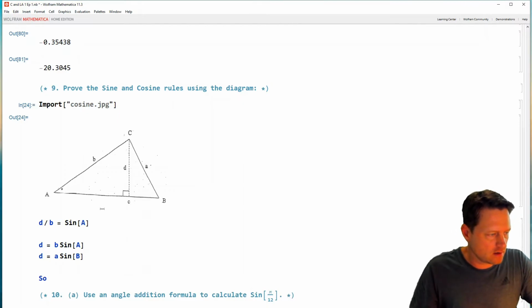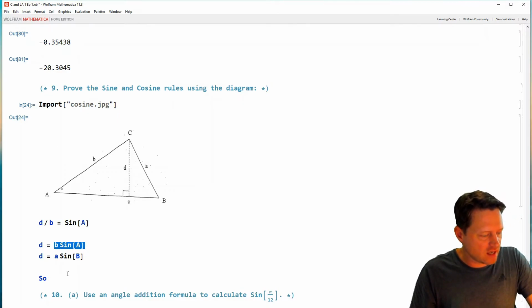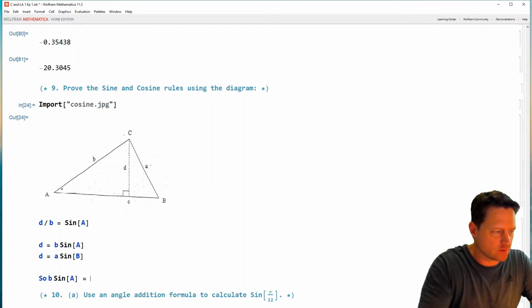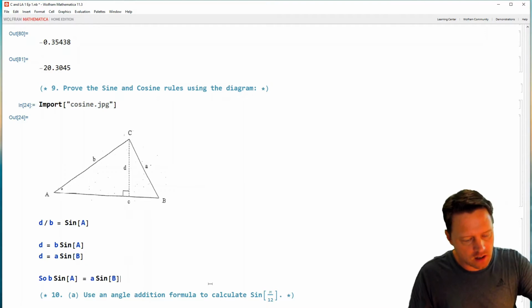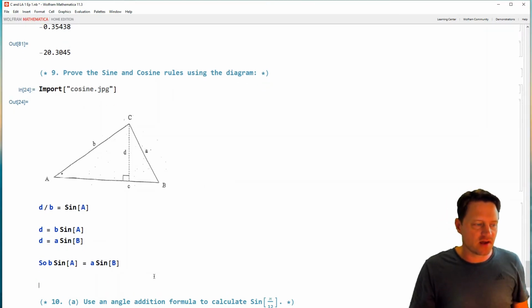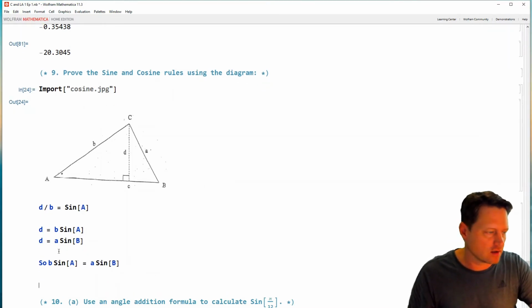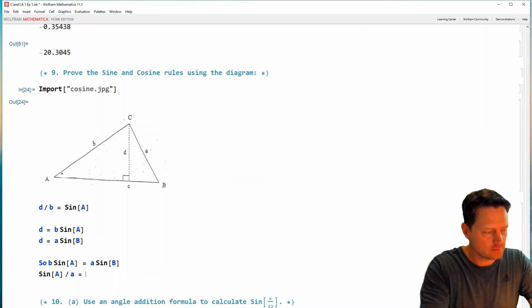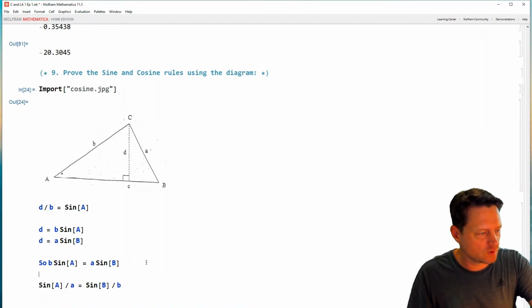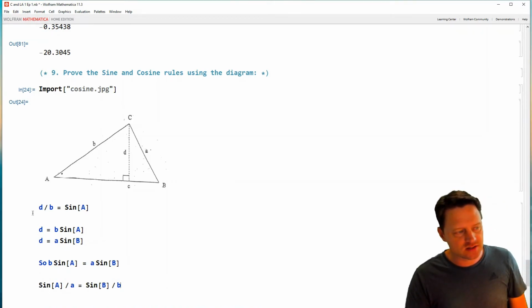So B sine of A is equal to A sine of B. And then the sine rule says that sine of A over A is sine of B over B. So we want to rewrite this in that way. Sine of A over A is sine of B over B, which is the sine rule. Okay, so that part's done.